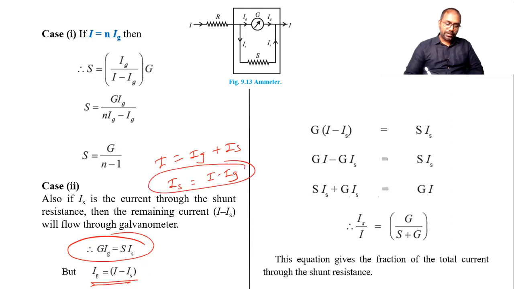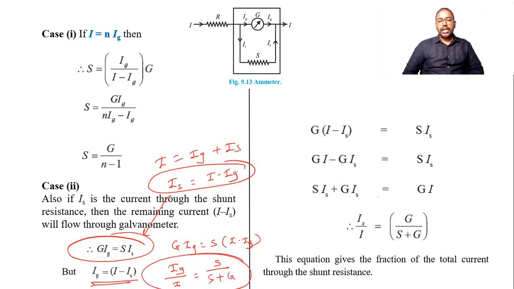Substituting, we get G into IG is equal to S into (I minus IG). In similar steps we find IG by I is equal to S upon S plus G, and this is the fraction of current passing through the galvanometer.